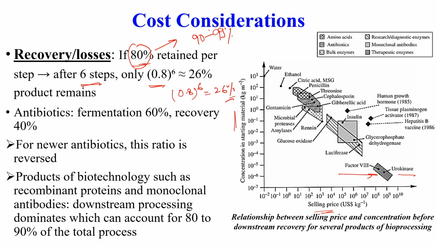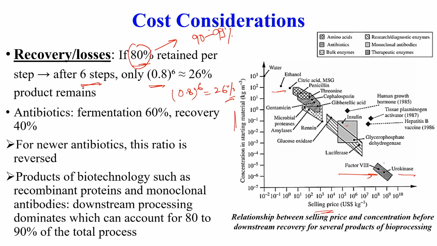Similarly, when the concentration is high in the fermentation broth, the selling price is low. In the case of ethanol, it keeps on decreasing, then citric acid, then penicillin, then insulin, and then you go to urokinase.